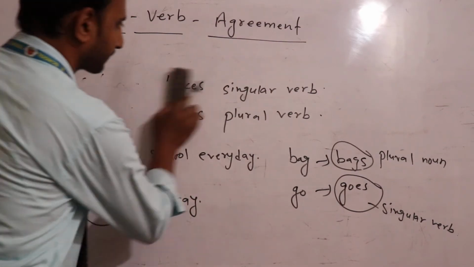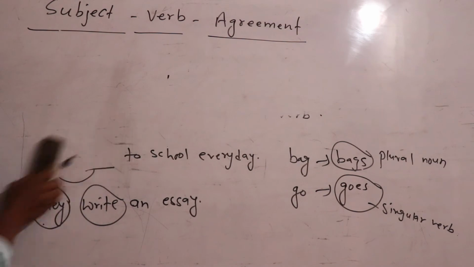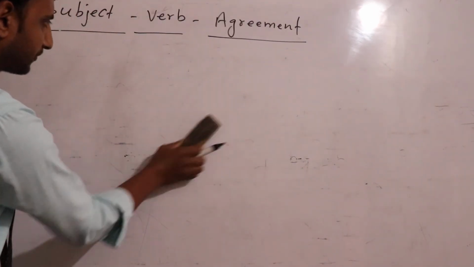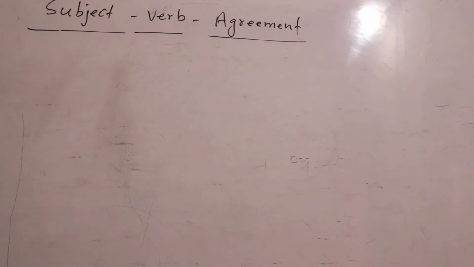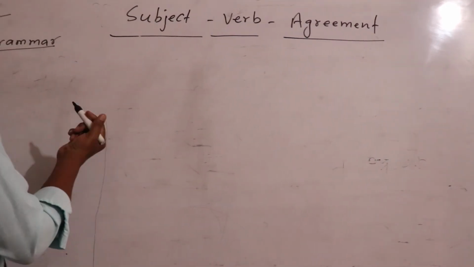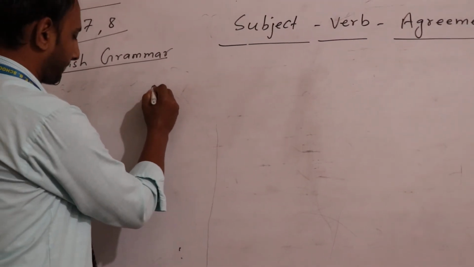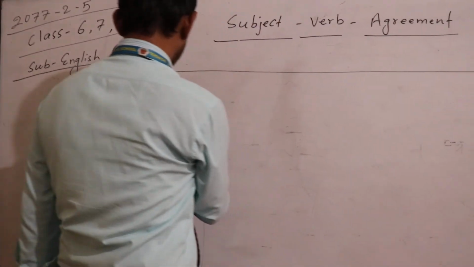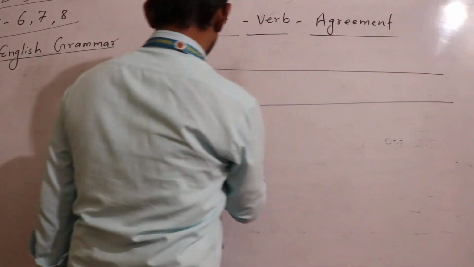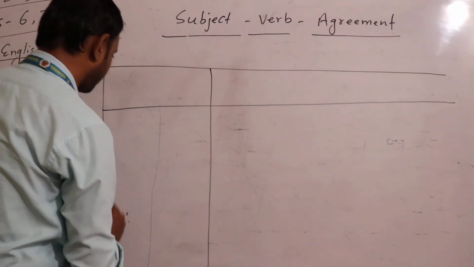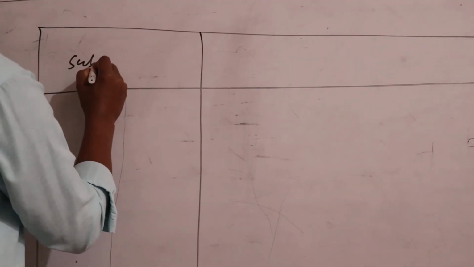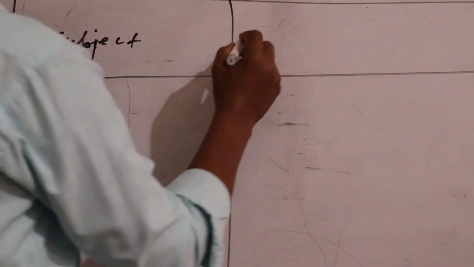Now look here. Now you have to see that. Let me make a table here. Okay, then you will be more clear. Look at this table. Here subject, and here verb.